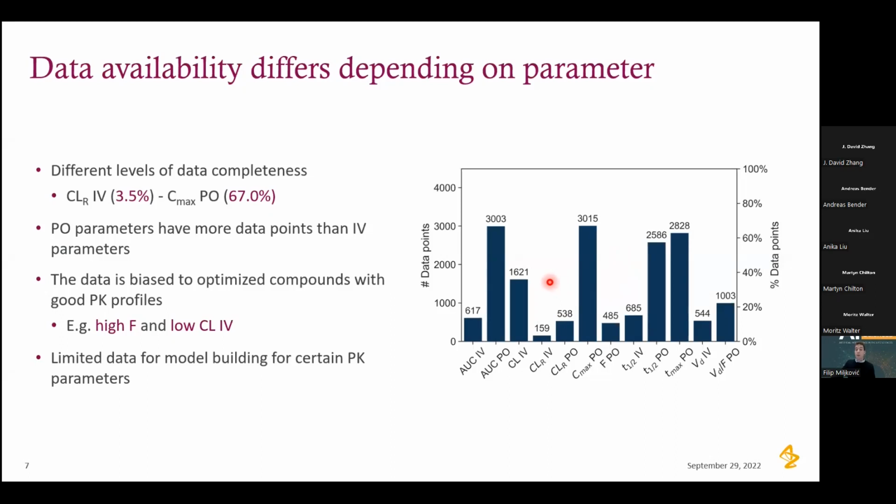So we frequently saw that we had many compounds with high bioavailability, which is expected when the compounds come to the clinical stage, but also low clearance, so the drug could achieve desired exposure. And overall, we can see that for some of the data points, we had limited data for the model building.